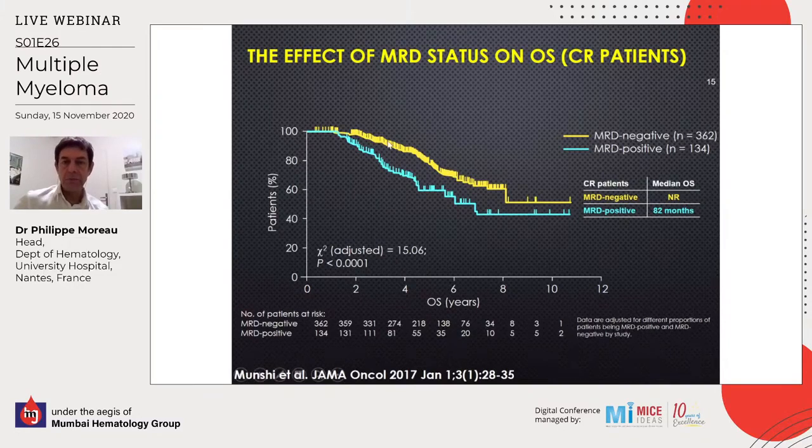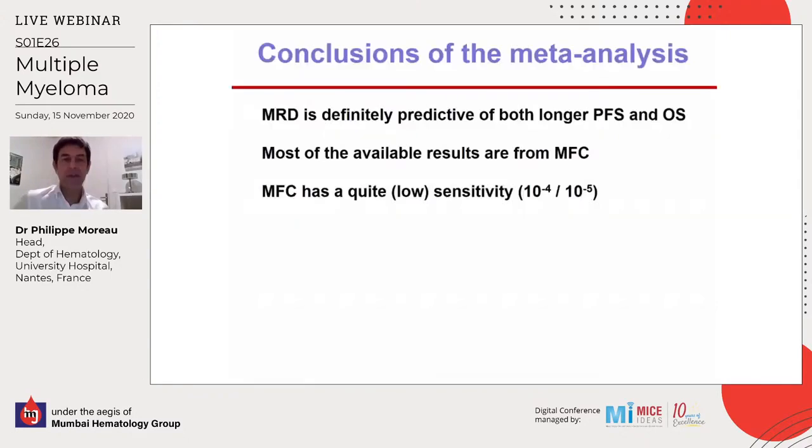You see here the impact on overall survival with a clear benefit, even at 10 to the minus 4, for MRD negativity. So MRD is definitely predictive, based on this meta-analysis, of both a longer PFS and a longer overall survival. But those results, as I did mention, were mostly achieved with flow cytometry, with quite a low sensitivity in this paper.